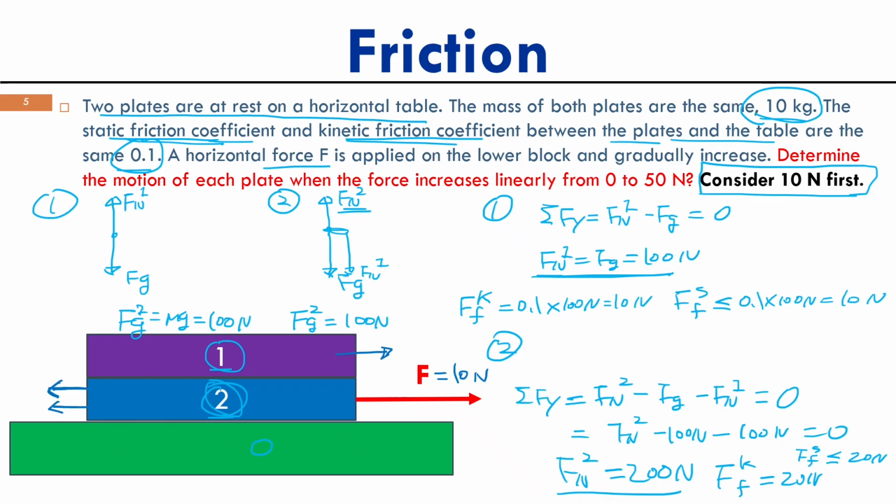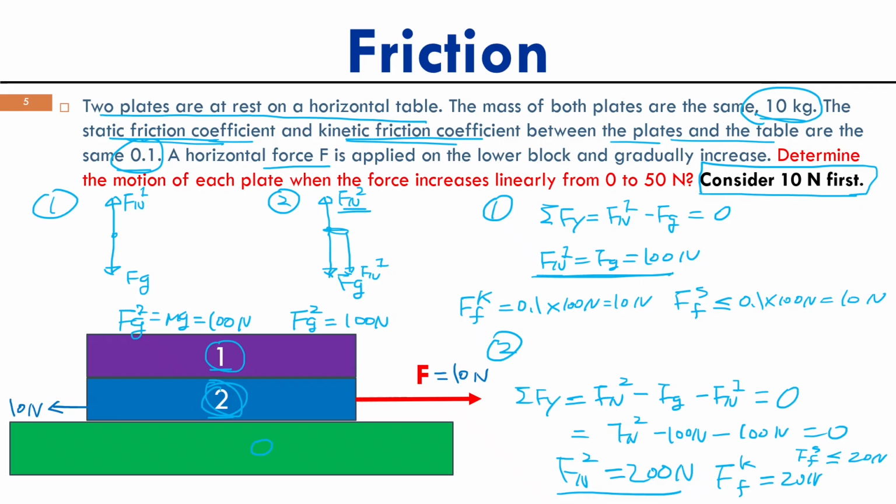And remember, friction always opposes the relative motion. In this case, 1 and 2 would actually move with respect to each other, which is not what friction force wants to see. Instead, in this case, the friction force occurs only between 2 and the platform, which is exactly 10 Newton. And there is no friction force between 1 and 2.